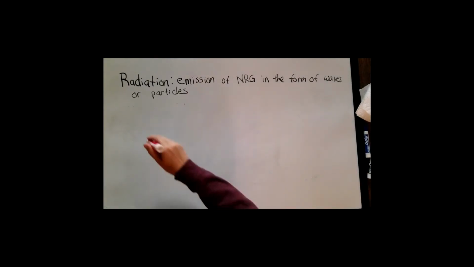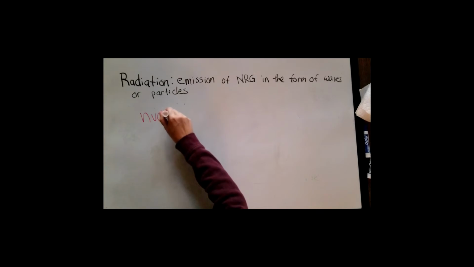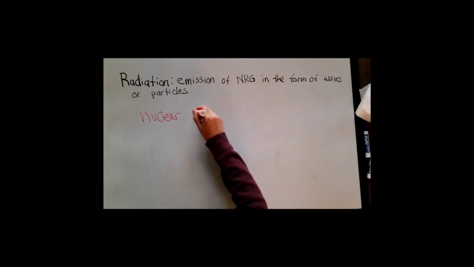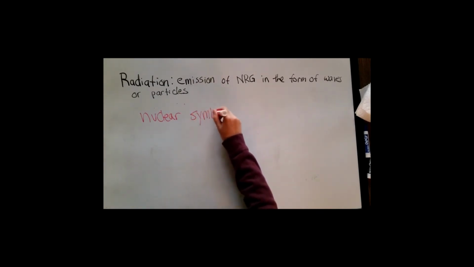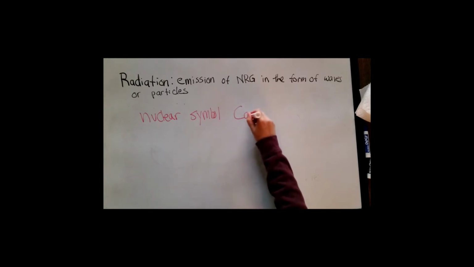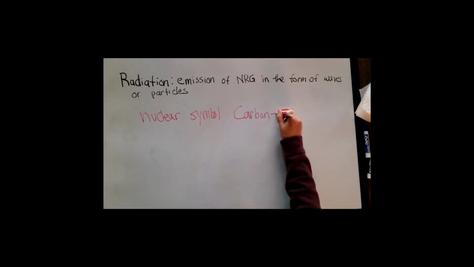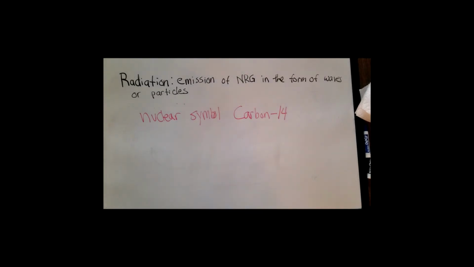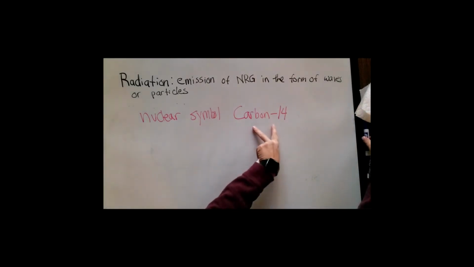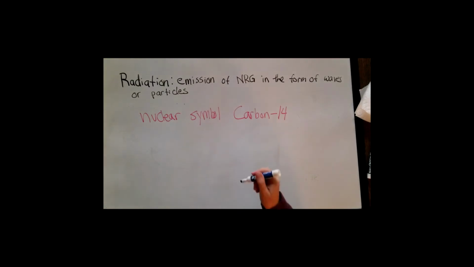So we're going to look at one of the questions in the homework, or similar I should say, which asks you to write the nuclear symbol. This is kind of a review. So nuclear symbol, and then they'll give you an element and then a dash with a number after the element. This is the review part, because this is one of the representations of an isotope.